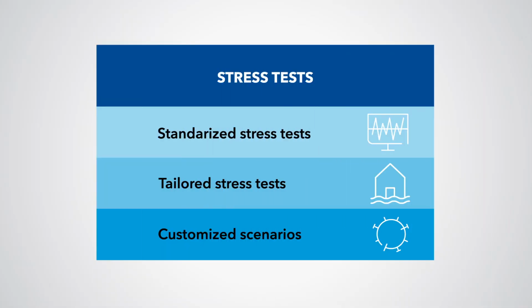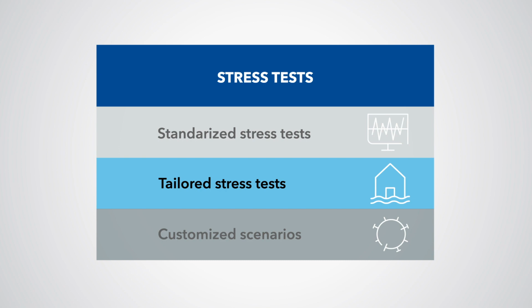In the LIC DSF, there are 3 types of stress tests. First, standardized stress tests, which apply to all countries, for example, a GDP growth shock. Second, tailored stress tests, which apply to countries exposed to specific risks, for example, natural disasters.